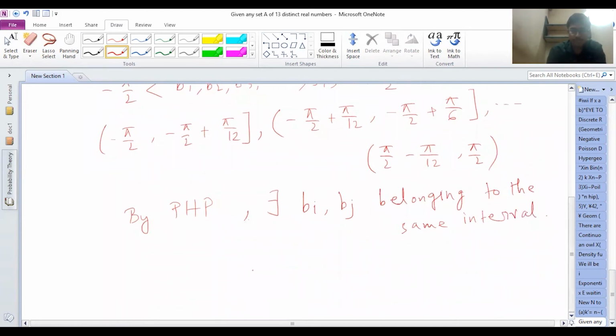So the mod of bi minus bj is strictly greater than 0 because they are distinct, and is less than or equal to, it should be, pi by 12.